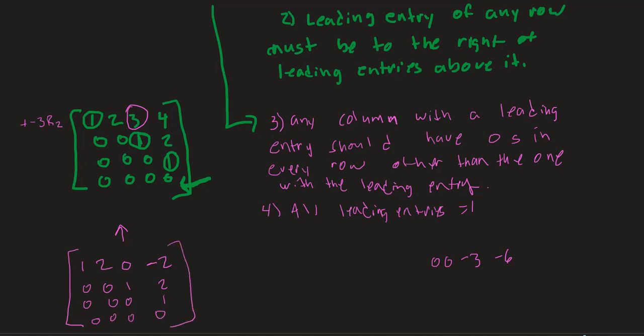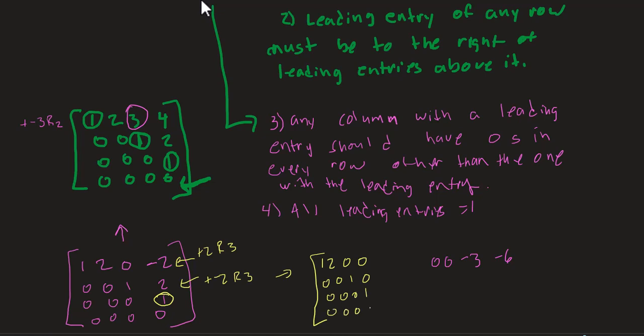So I also have a leading 1 right here, and so I need to have zeros in these columns. So that's easy. This one is going to be plus -2 times row 3, and this will be plus 2 times row 3. And then that will get me 1, 2, 0, 0, 0, 0, 1, 0, 0, 0, 0, 1, and 0, 0, 0, 0.